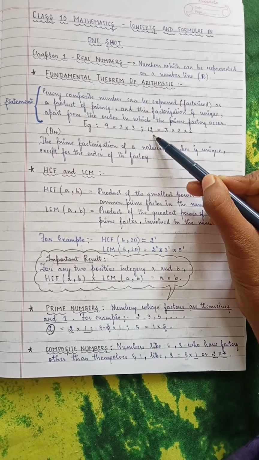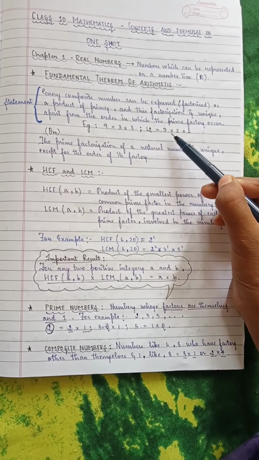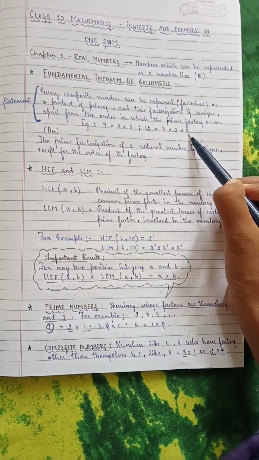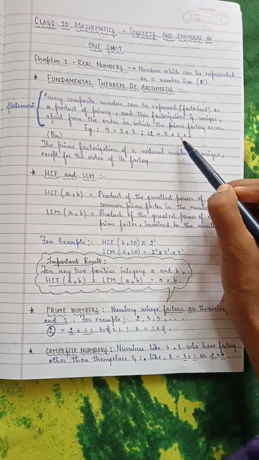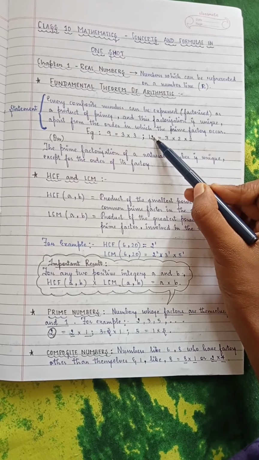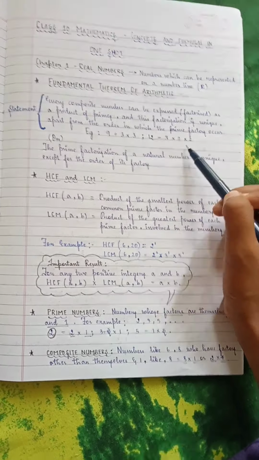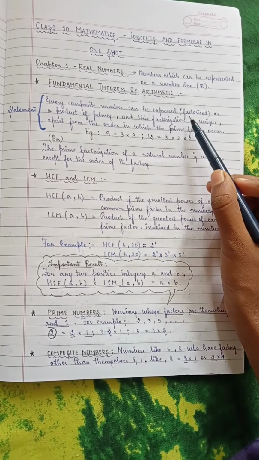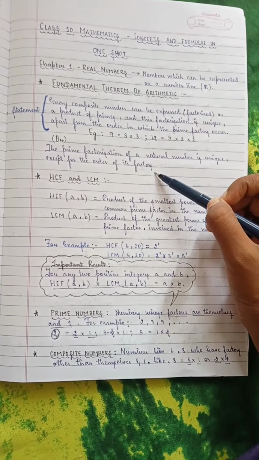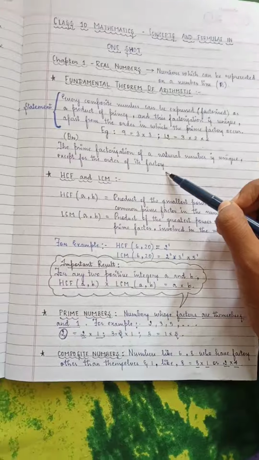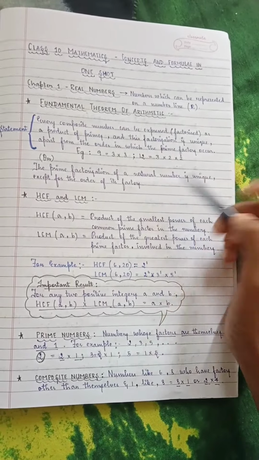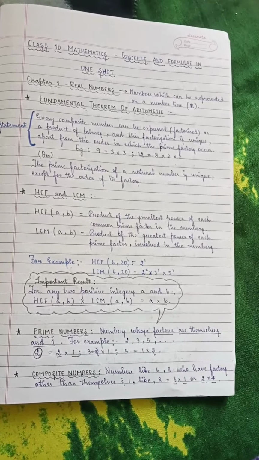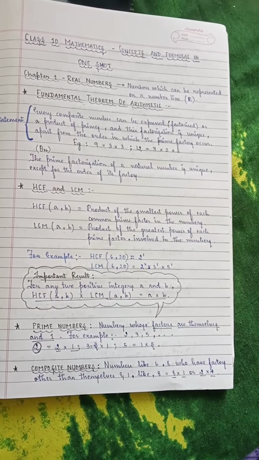We can write 12 as 3 into 2 into 2, which is again a product of primes. We can express a composite number as a product of primes. This statement can be otherwise stated as: the prime factorization of a natural number is unique except for the order of its factors.